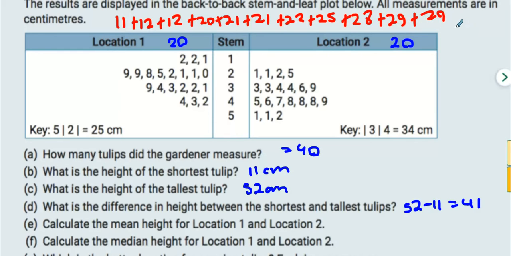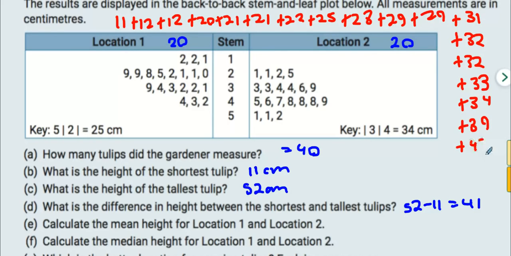And it's a trek, isn't it? Imagine having to keep all those numbers in your calculator without making a single mistake. 32, 33, I won't waste your time now. A 39, a 42, a 43, and a 44. You add all of them into your calculator and you divide by 20.